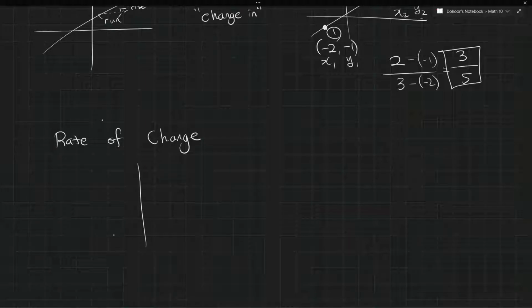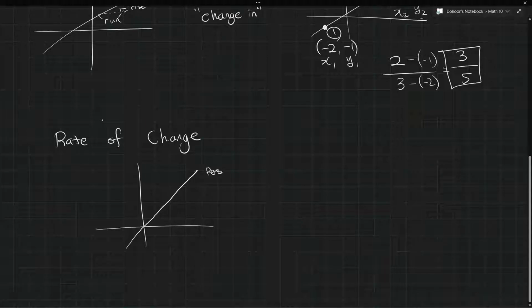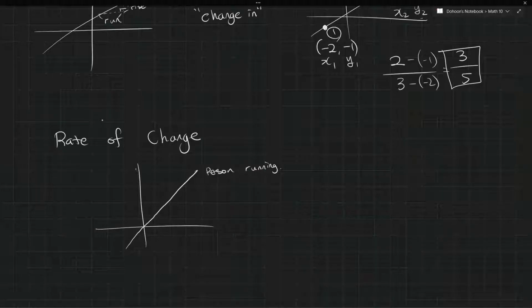Okay, let's say we have a slope of this line like that. Okay, and let's say this represents a person running. This is the x-axis, and this is going to represent time in seconds. And let's say this is distance in meters, and it's my y-axis.